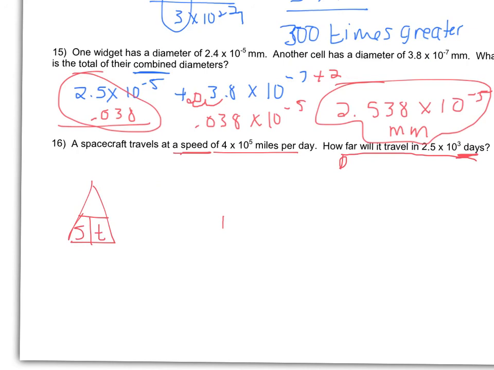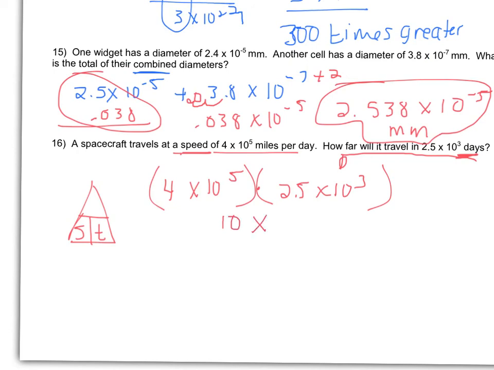So we know the speed and the time, so we multiply 4 times 10 to the 5th times 2.5 times 10 to the 3rd. So 4 times 2.5, you can use a calculator if you want, or you can think 2.5 twice is 5, 4 times is 10.